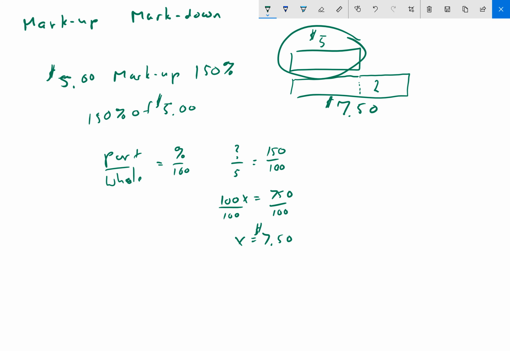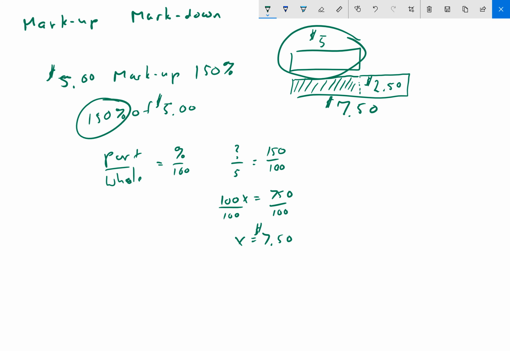And the answer is, I'm going to make $2.50 on every shirt I sell. I marked up the price 150%. And that gives me a total of $7.50, which means after I pay for the shirt to make it, which was my $5, I get $2.50 profit.